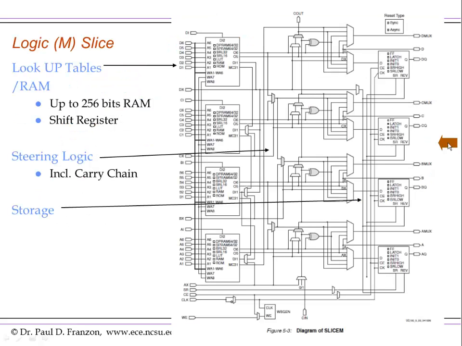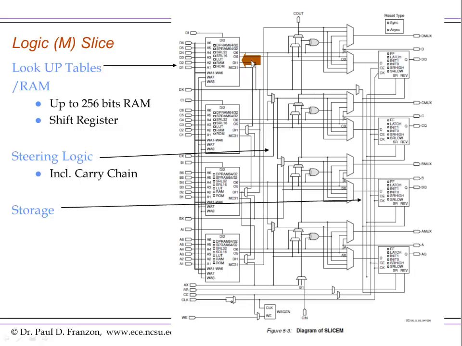So we're going to look at the two types of logic slices available to make up a Xilinx Virtex 5 CLB. This is the logic M slice. M stands for memory because you can actually use parts of the slice as memories. We'll go through the structure here left to right. On the left here we have small SRAMs, 6 address bits, 2 output bits, O5 and O6.